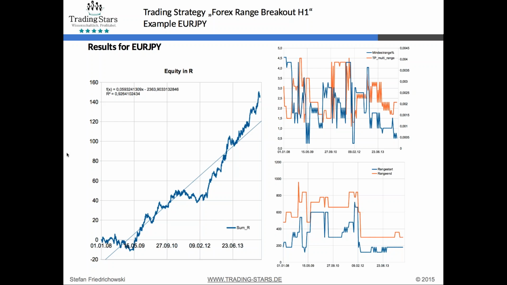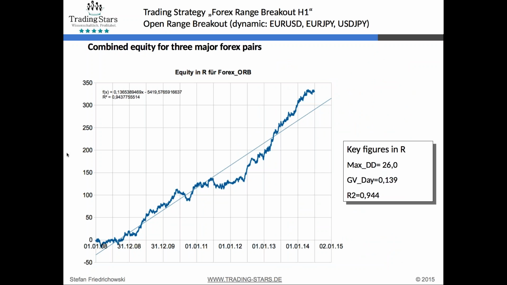This is just one equity curve for one Forex major pair, but we trade this kind of strategy for three major pairs. You can see Euro US dollar, Japanese yen, and US dollar, Japanese yen as well. So we have a combined equity curve now for the three major Forex pairs, which looks quite good.